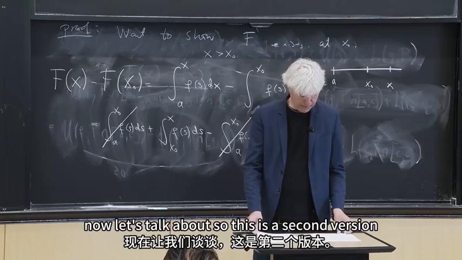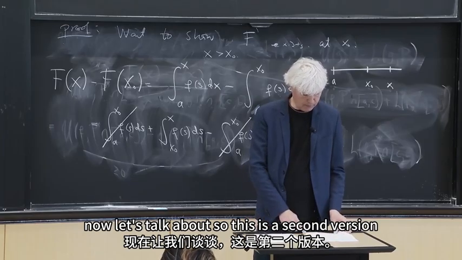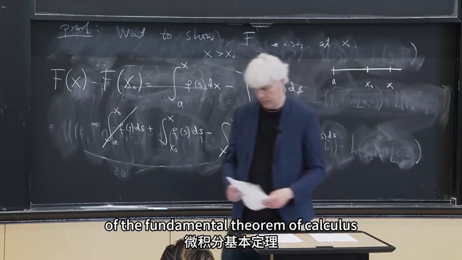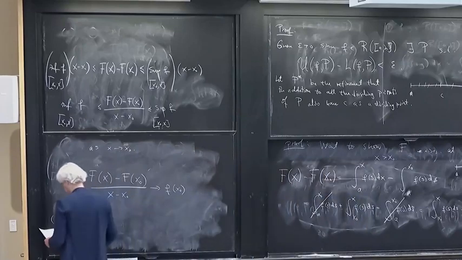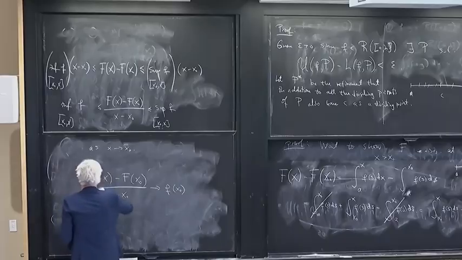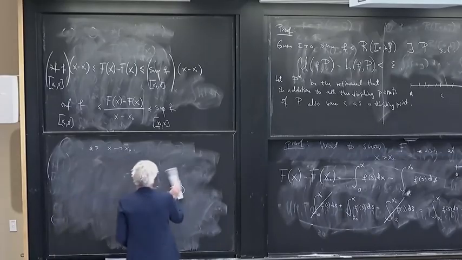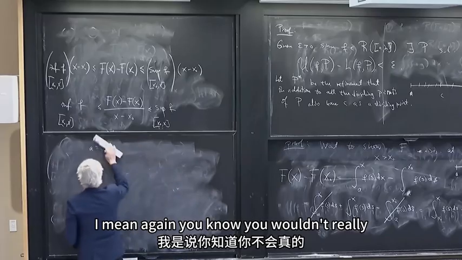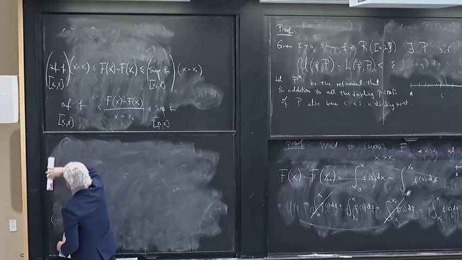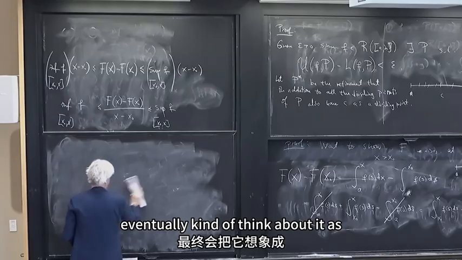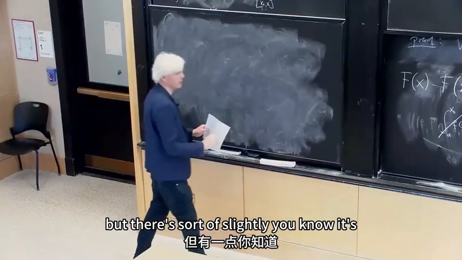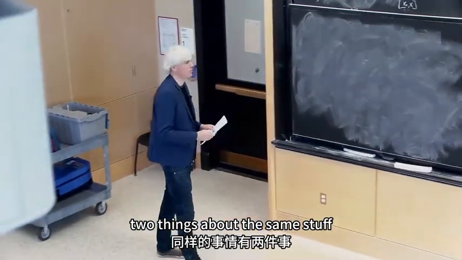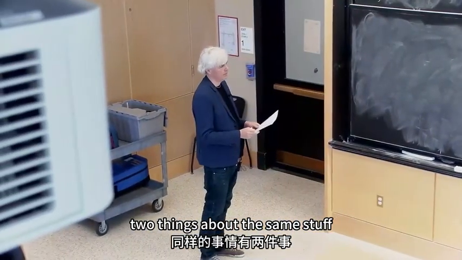Okay, now let's talk about, so there's a second version of the fundamental theorem of calculus. Again, you wouldn't really eventually think about it as two different versions, but it's two things about the same stuff.